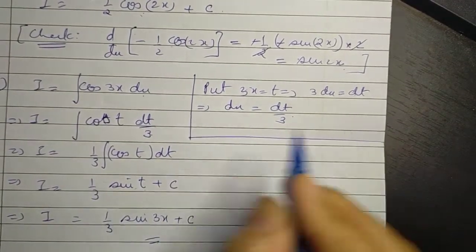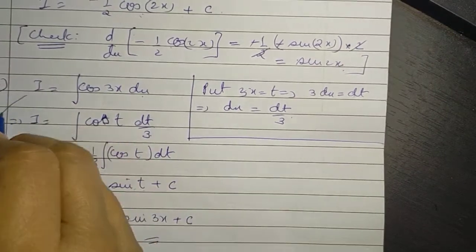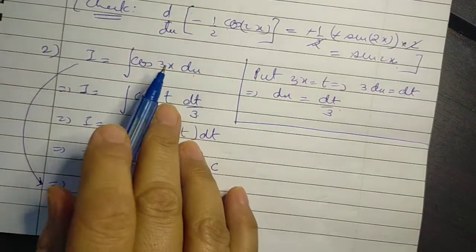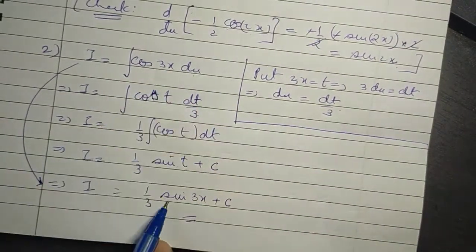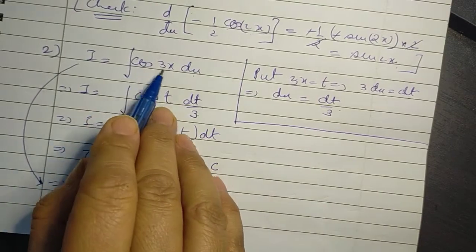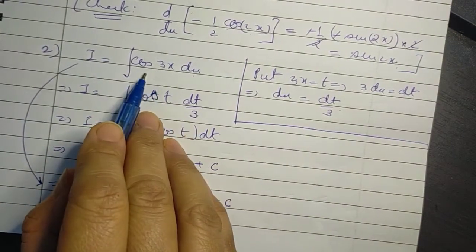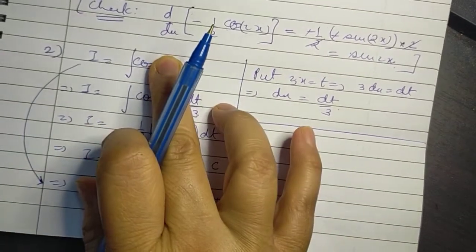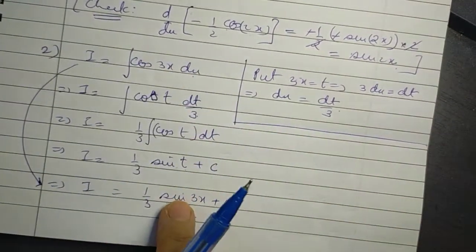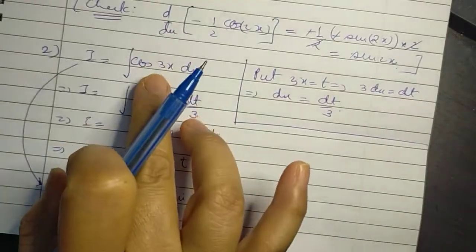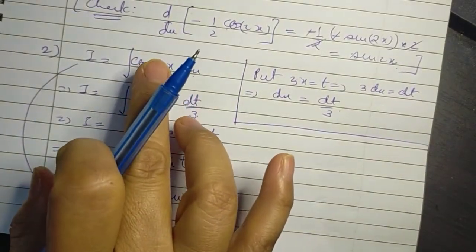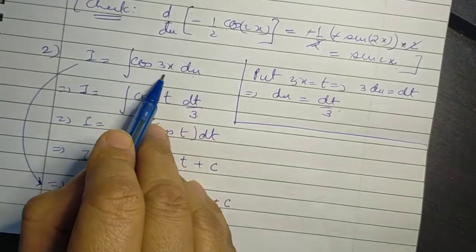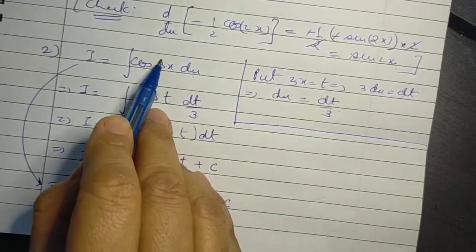Now you will observe here, if you want, you can directly arrive at this result also, just as a reverse process of the chain rule. So what do we get when we integrate this function? First of all, the integral of cos 3x will be sine 3x. In case of differentiation, when you apply the chain rule, you multiply by the derivative of the inner function.